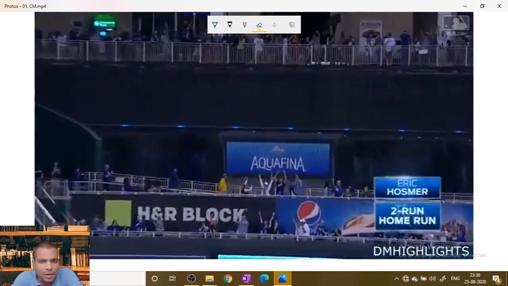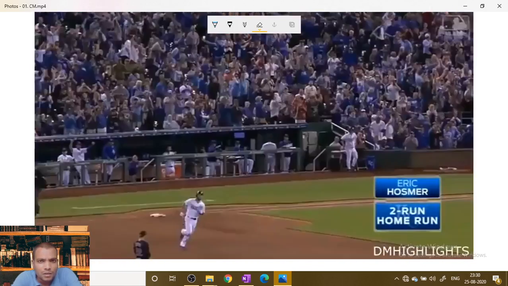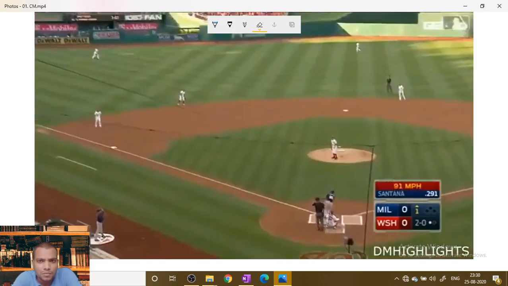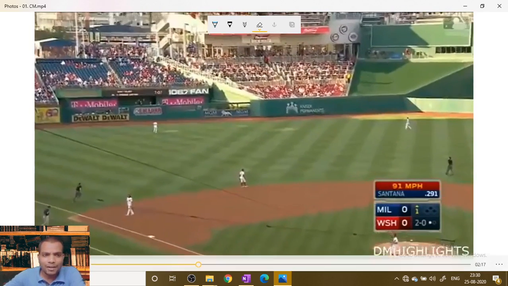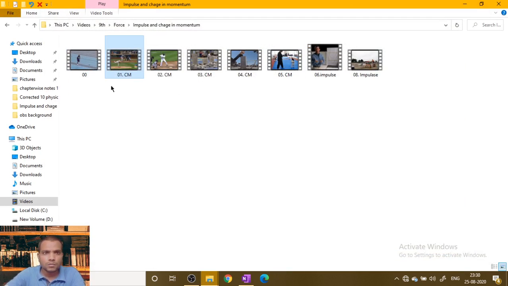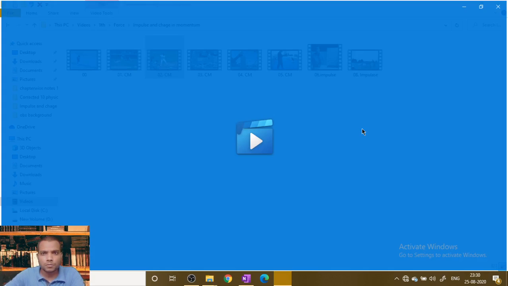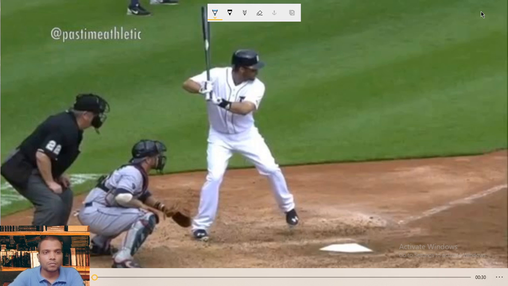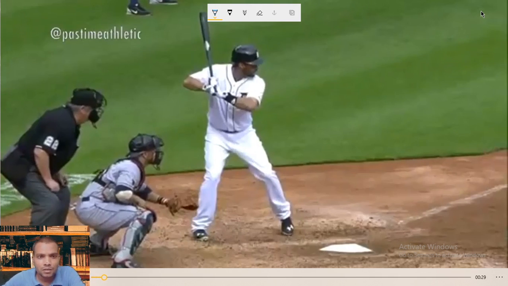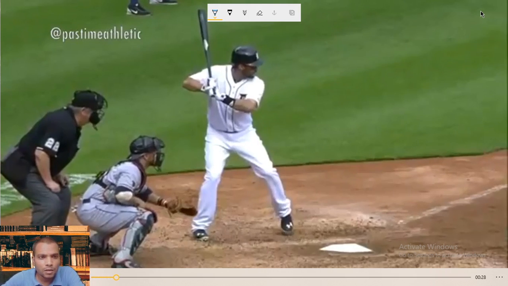So how can we calculate that force, or how can we measure that force? To measure that force, let me take one slow motion video. Suppose I play this video. Understand the batsman hitting the ball very carefully.